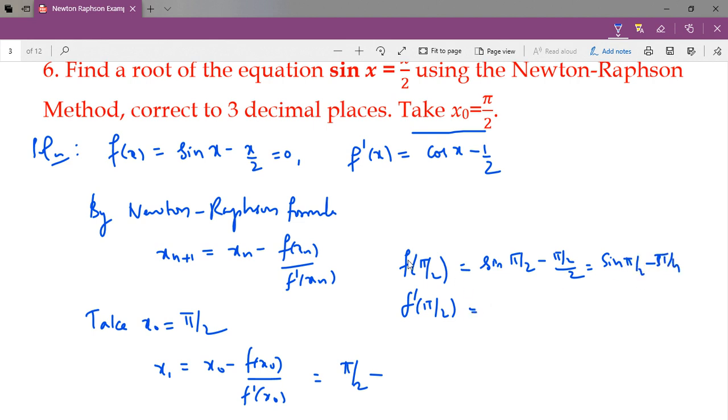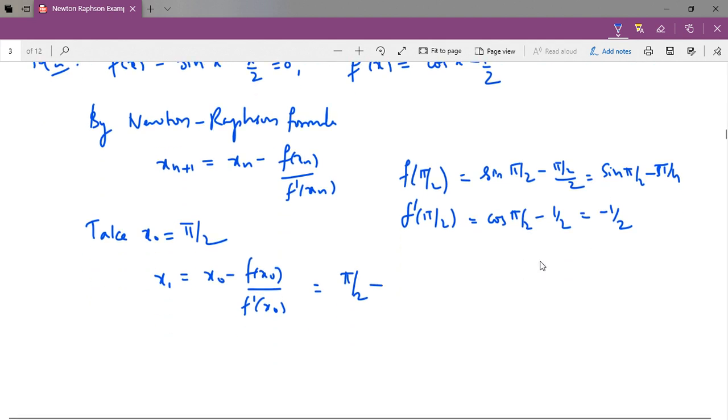What is f dash of pi by 2? f dash is cos x minus 1 by 2, that is cos of pi by 2 minus 1 by 2. Cos pi by 2 is 0, so this is minus half. Putting these values, 1 minus pi by 4 divided by minus half. This gives the value of the root as 2. Check it once again.